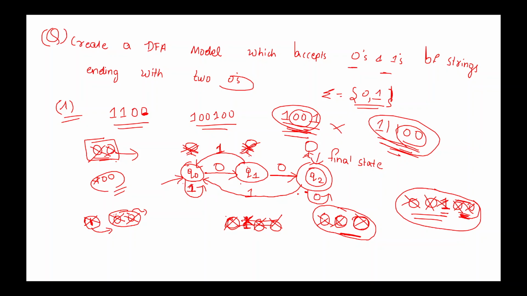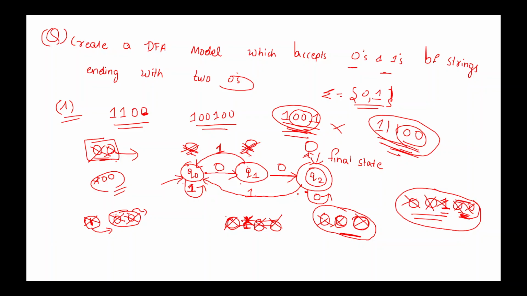The main thing to remember is that every state must be defined on all input symbols, and they must be defined in such a way that after the completion of the string, the last transition is to the final state. If the last transition of the string is to the final state, then we say the string is accepted. So we need to develop the mathematical model in such a way that it ends up at the final state.